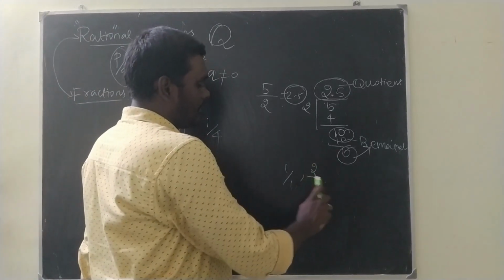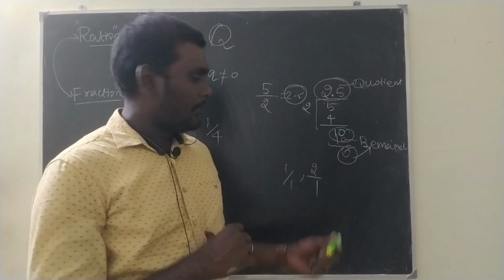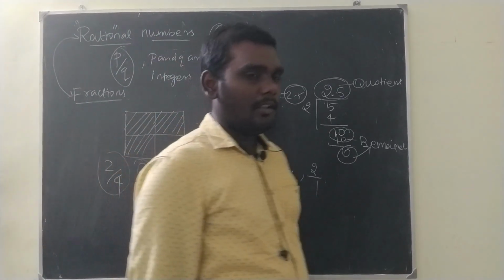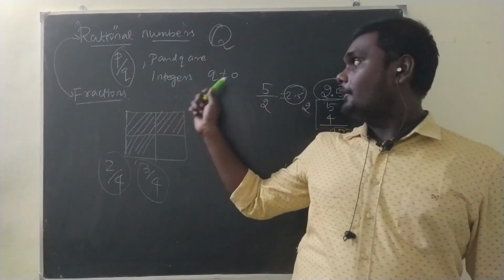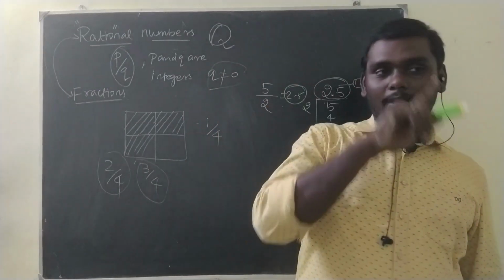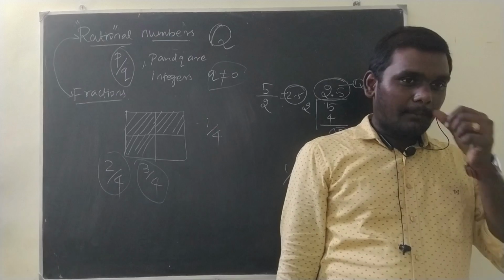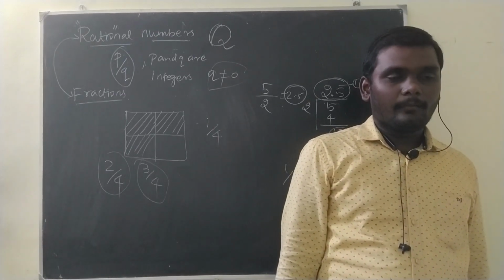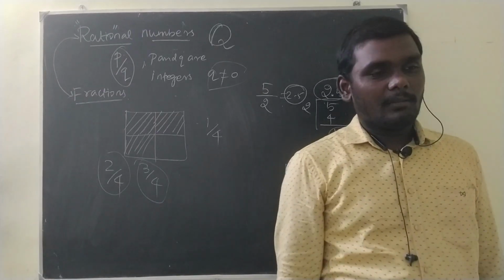When you say 2 as a natural number, that can be represented as 2 by 1. 3 means 3 by 1. Whatever natural number you say, that can be represented in this form, and most importantly, this Q is not 0. We are taking 1. So all natural numbers are rational numbers. And all the whole numbers are rational numbers.